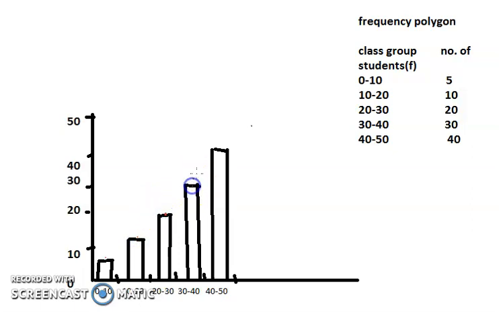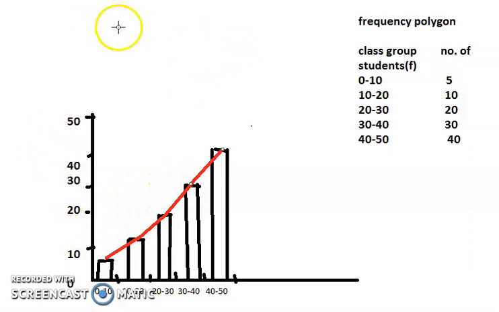Again, this is the midpoint. And this one is the midpoint. Now, all these midpoints you need to join. This one with this one. This one with this one. From here to here. And from here to here. So this will be your frequency polygon.